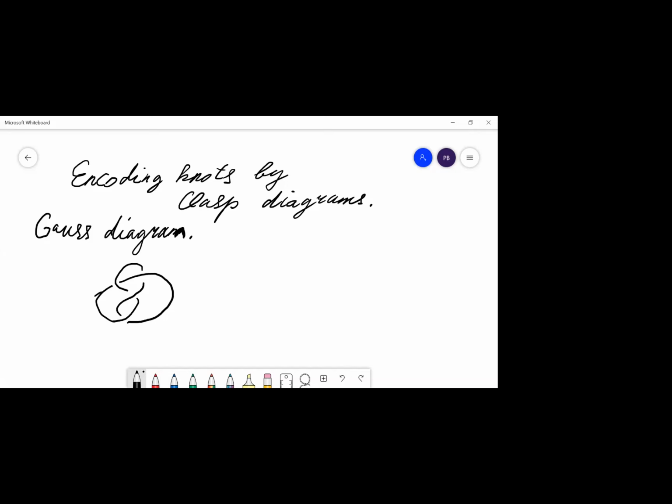So we have such a node. We can draw a Gauss diagram. Is everyone okay with the way I'm doing things and writing stuff? Yes, everything is visible, good. Cool.